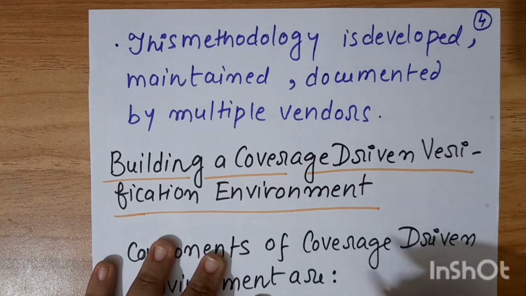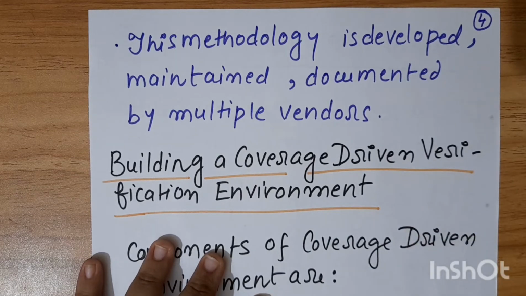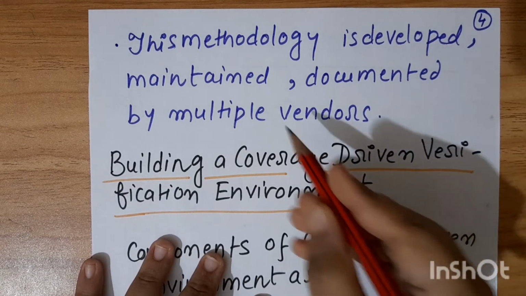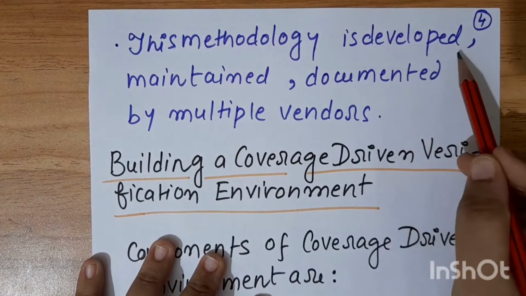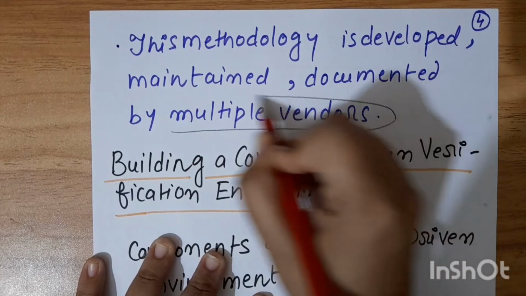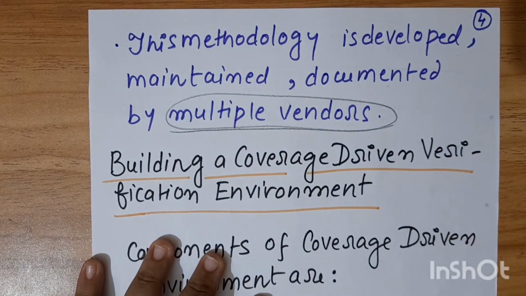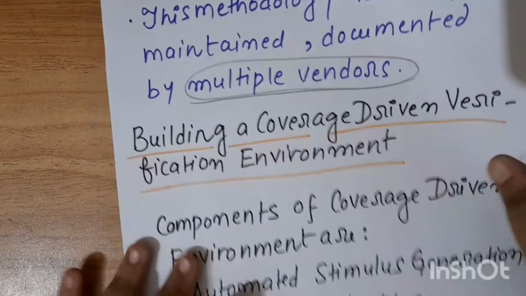This methodology is widely used in the semiconductor industry, and it is developed, maintained, and documented by multiple vendors. As per requirement, different vendors make tweaks to the code to suit their specific projects.